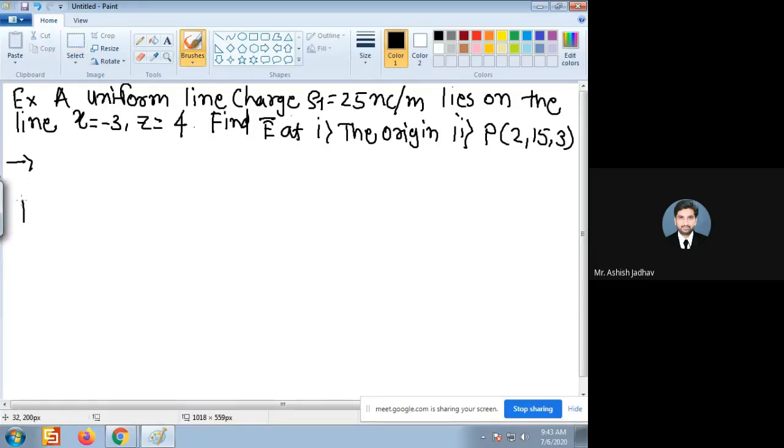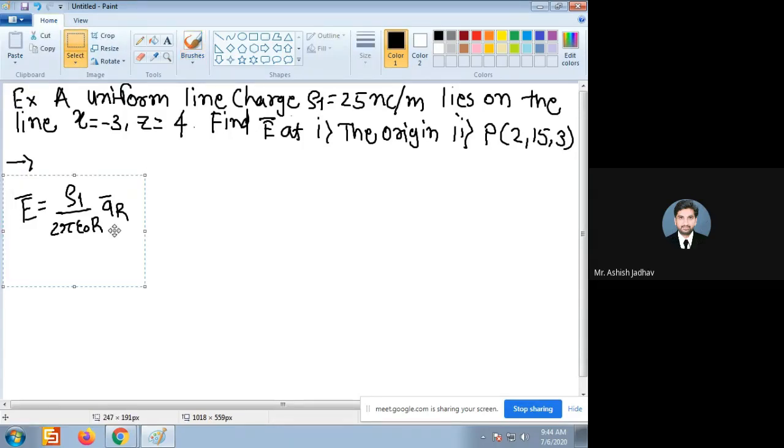So E bar is equal to rho L upon 2 pi epsilon naught r a bar r, right? To use this formula we should know the vectors first, because we just have to calculate the unit vector. You have to put the magnitude over here, right? So that's why we require this unit vector, and for that we should follow our conventional steps.